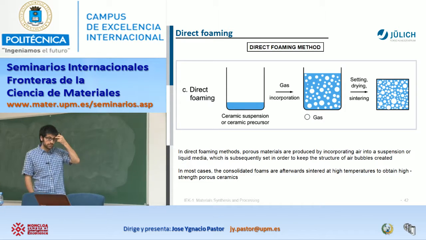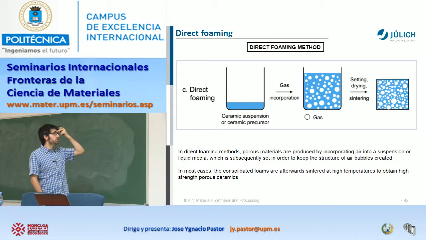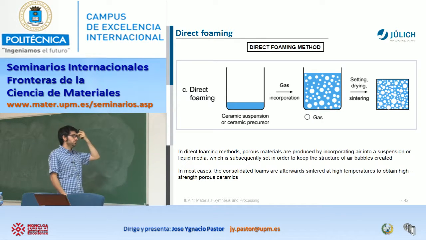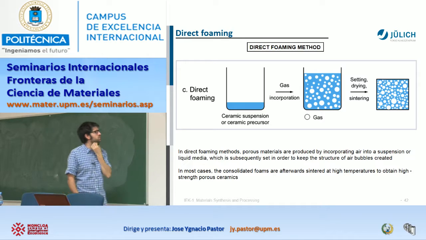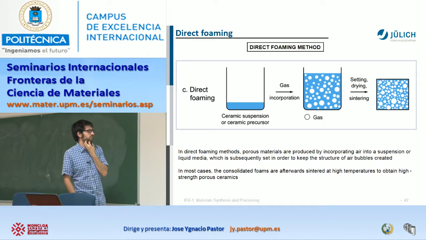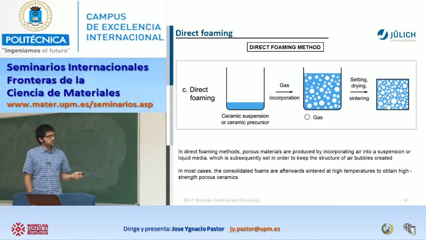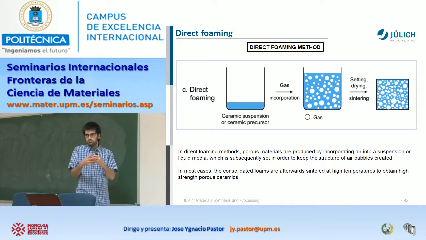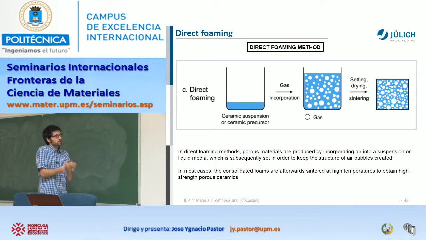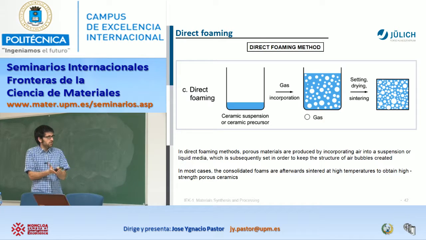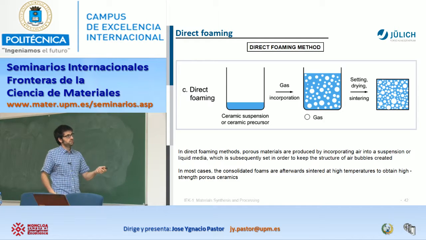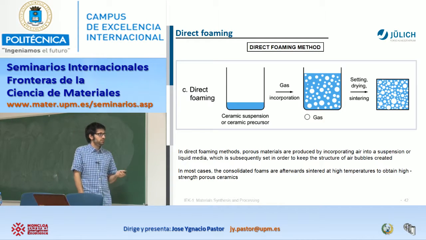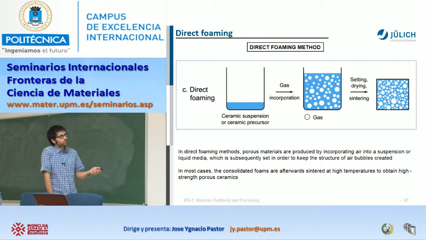And well, the last method is the direct foaming method. This one is a little bit more complex and depends on a lot of things, but at least just to show you, we have our suspension of the ceramic. Again, as always, a precursor of the ceramic, but you have a suspension with low viscosity, a liquid, and then we introduce a gas, like Coca-Cola or whatever.